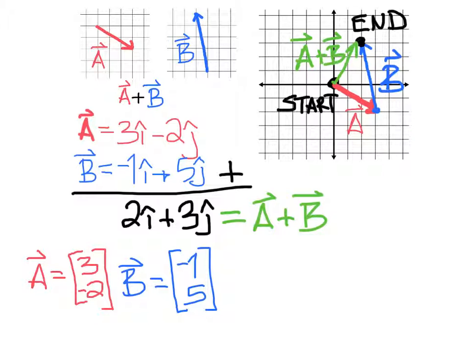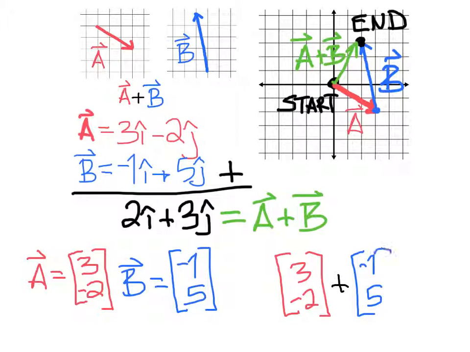And then from there, to add the two, all we need to do is take our 3, negative 2, and add to that our negative 1, 5, and get. So what we're doing here is adding the top numbers together.